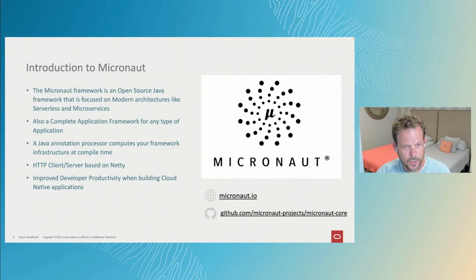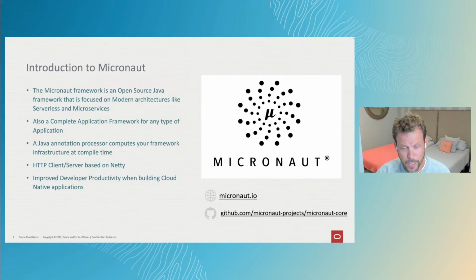In terms of an introduction to Micronaut, the Micronaut framework is an open source Java framework that's focused largely on modern architectures like serverless and microservices, in that it lets you build those types of applications, but it's also a general purpose application framework for building any kind of application using Java.